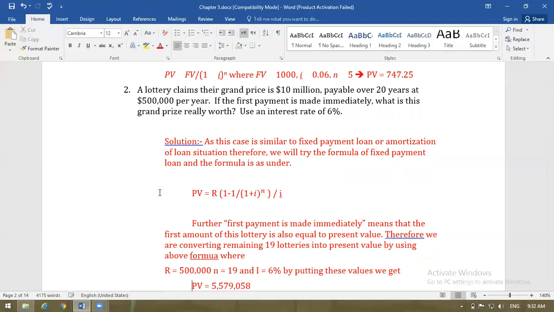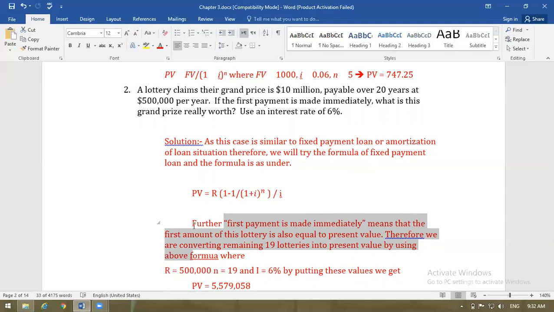Here R is equal to the periodic payment, 5 lakh per year. As the first payment is made immediately, this means that the first payment of this lottery is also equal to the present value. Therefore, we are converting the remaining 19 lottery payments into present value by using the above formula.